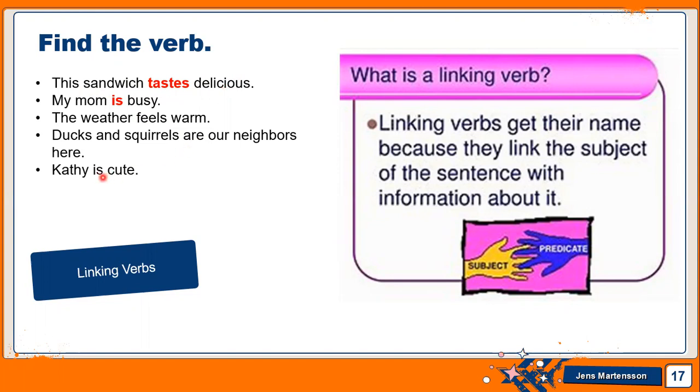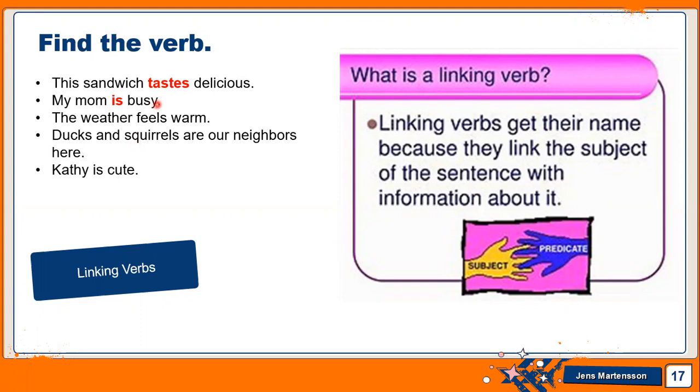However, this is a different type of verb, which is called a linking verb. In this case, we do not have the main action verb, neither do we have a helping verb coming before the main verb, forming the verb phrase.